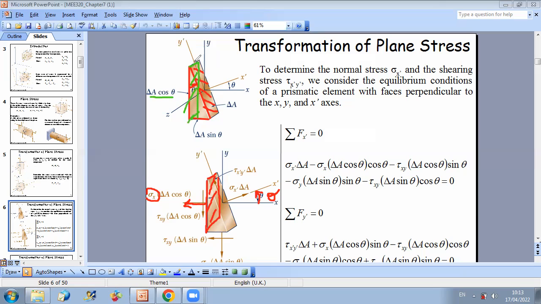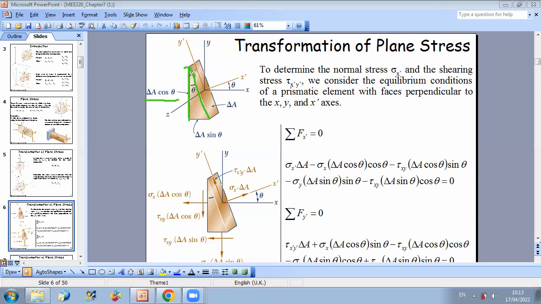Why? Because I have the same width along Z, but if I compare the two sides, this is the side of area delta A, while the side of the area parallel to y-axis is delta A cosine theta.